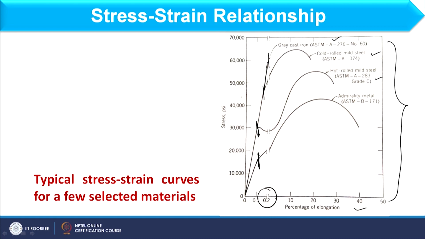Okay. So, each object will have certain linearity, and then the deformation whatever happens after that will be permanent. Wherever it is linear, it basically falls in the region of elastic deformation. Okay. So, we will use this point to derive the mathematical expression of stress and strain relationship.